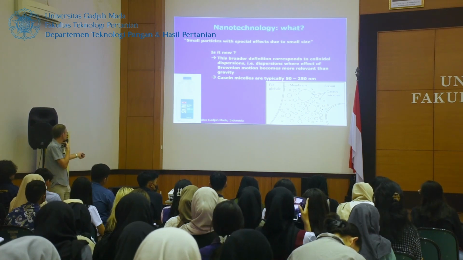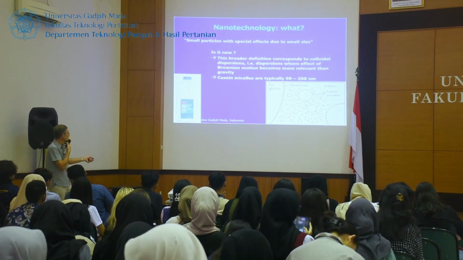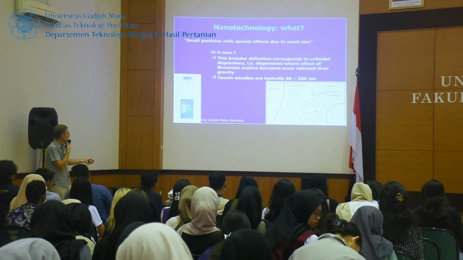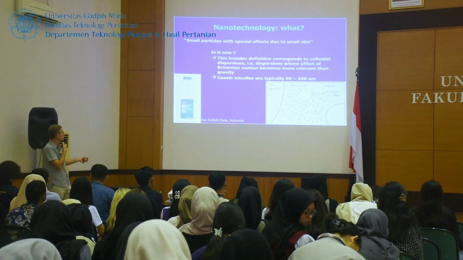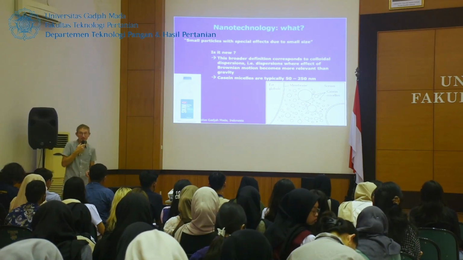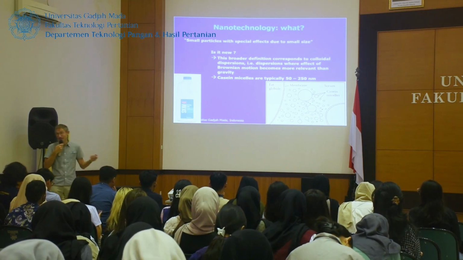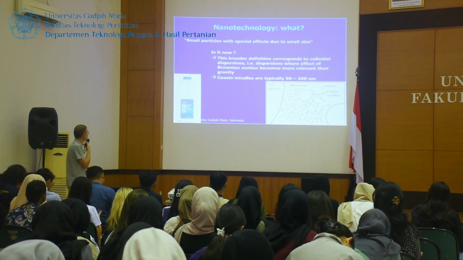That's because there are still particles present, and the particles that are still present in skim milk are the casein micelles, aggregates of your casein proteins, which typically have a diameter of about 50 to 250 nanometer. So there are also nanoparticles present in milk, in a very traditional product.